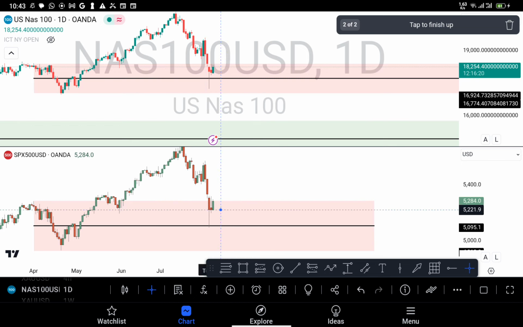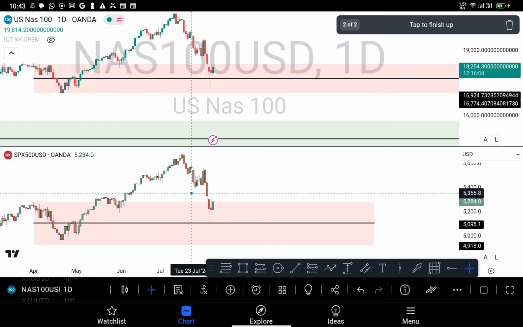So far, two scenarios can happen here on this asset. So far, on the daily time frame, the market is showing bearish moves or bearish setups.